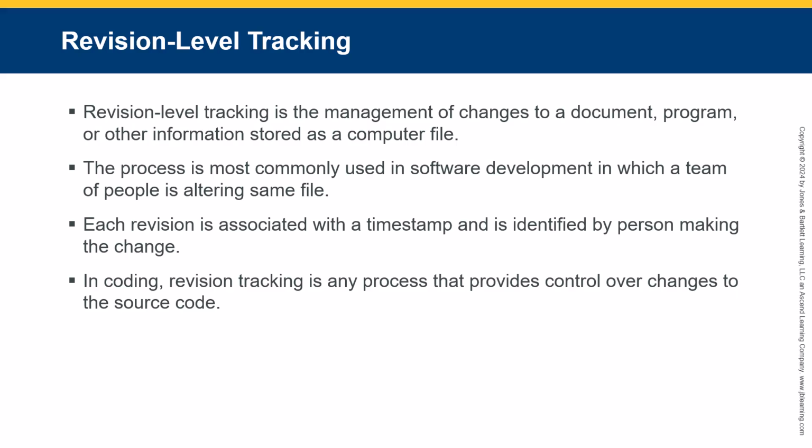That is what revision level tracking allows us to do. The process is most commonly used in the software development lifecycle, and it's normally done with a team. Each revision is associated with a timestamp and is identified by whom or what's making the change. In coding, revision tracking is any process that provides control over the change of the code.